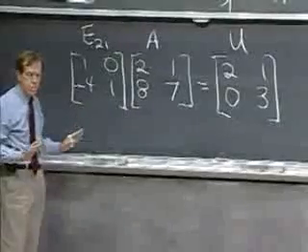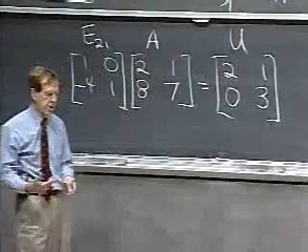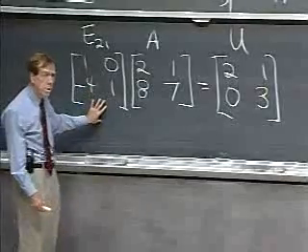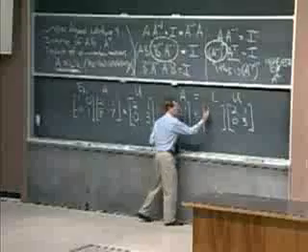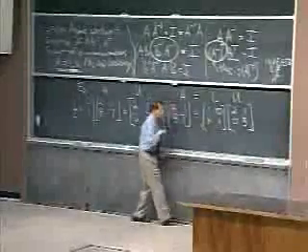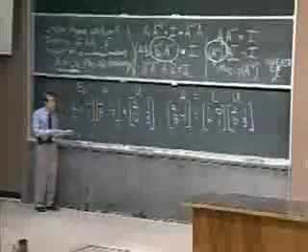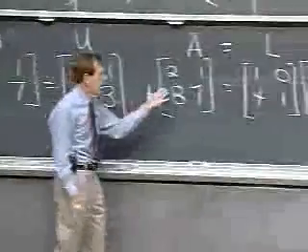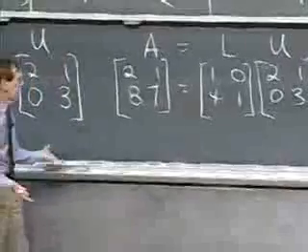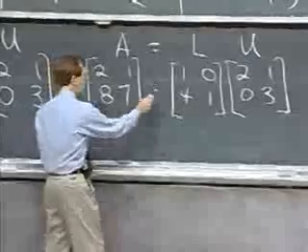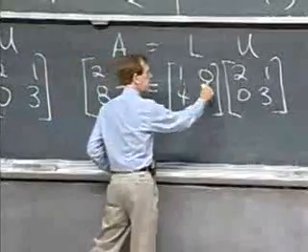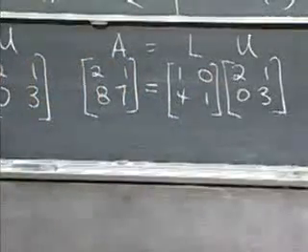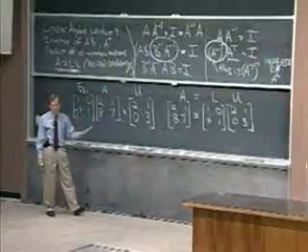Remember that those elimination matrices are easy to invert. The inverse matrix for this one is 1, 0, 4, 1. It has a plus sign because it adds back what this removes. Okay, if we did the numbers right, this should be correct. And of course it is. That says the first row is right, and 4 times the first row plus the second row is 8, 7. Good. Okay, that's simple, 2 by 2.